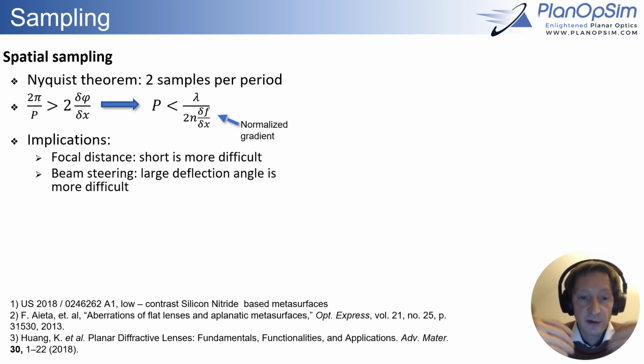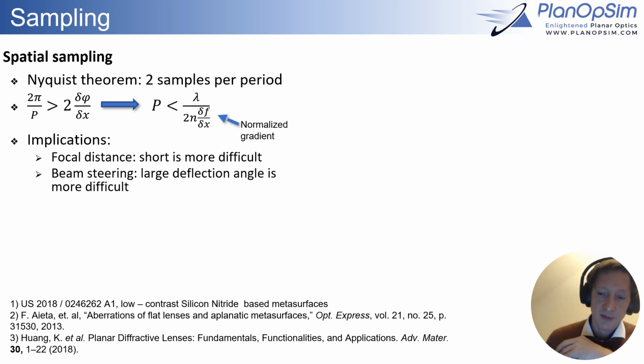We know this from signal theory by the Nyquist theorem, we need at least 2 samples per period. So that means we need 2 meta-atoms within a single spatial frequency. So this higher spatial frequency means larger angles. So it means making a short focal length or high numerical aperture lens will be more difficult, need finer sampling, and that making a large deflection angle in beam steering will also be more difficult.